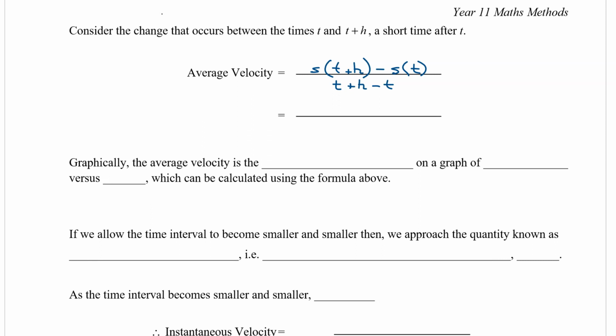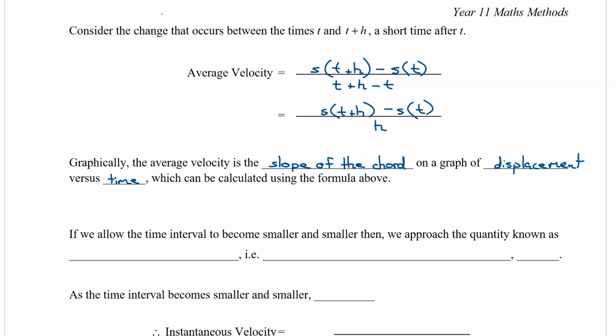And all of that simplifies down to s of t plus h minus s of t all divided by h. So see the similarity between this and first principles. Graphically, the average velocity is the slope of the chord on a graph of displacement versus time, which can be calculated using the formula above.